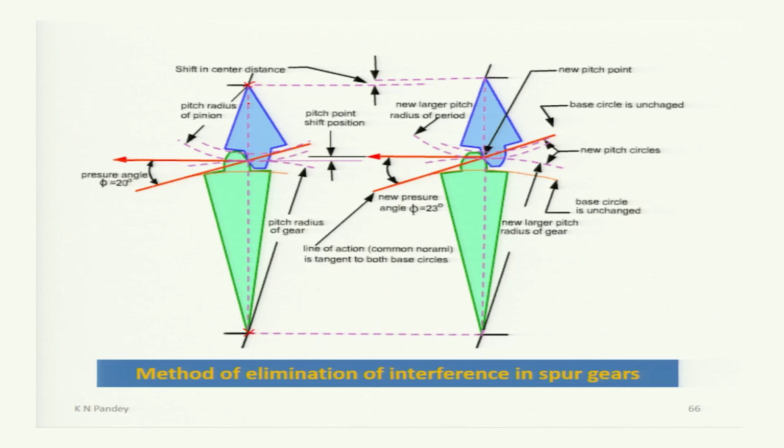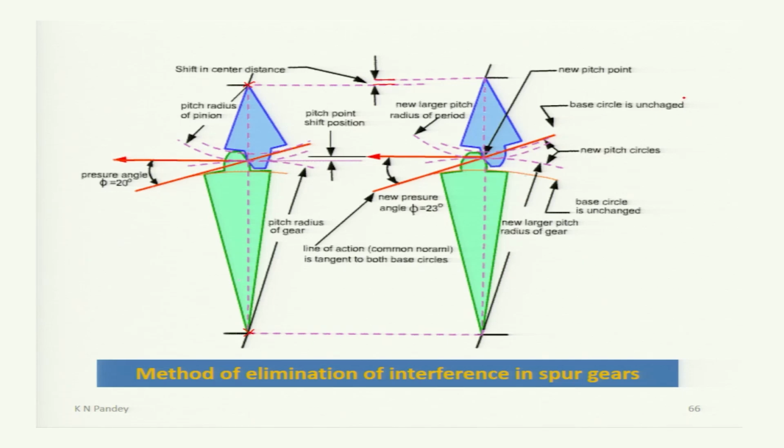So, if the center distance is changed to this one, this is a small change we are going to make, a shift in center distance. By shifting the center distance, the base circle radius will remain the same, because this is the circle on which the involute tooth profile is formed.